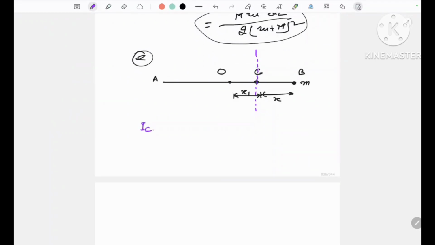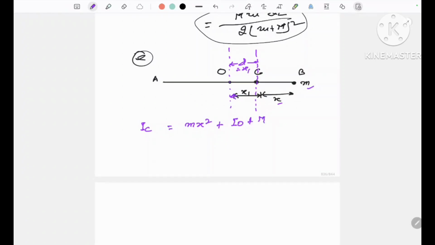IC will be m x squared, the moment of inertia of this particle, plus IO, the moment of inertia of the rod, plus M d squared, where d is x1.